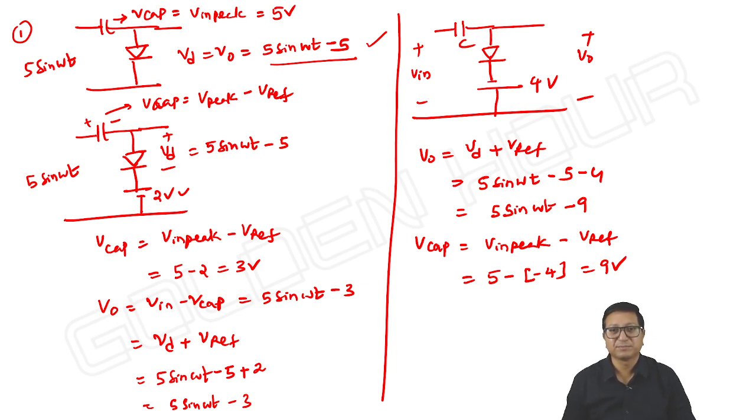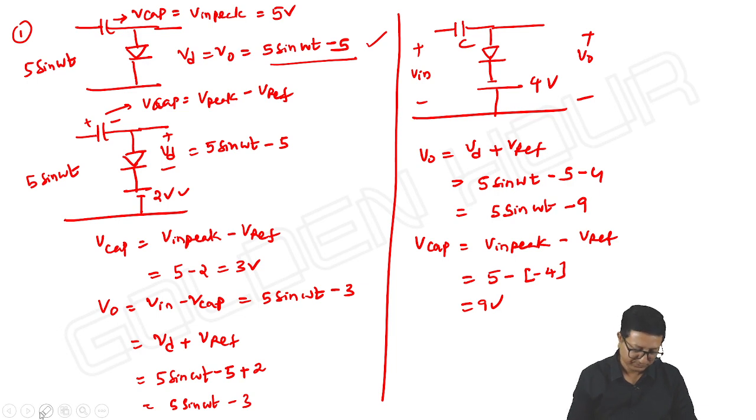No doubt about it. Okay. And if you want, you can try the transient response, how the things are. I'm directly writing the final result. Just like that, we can write this final answer.